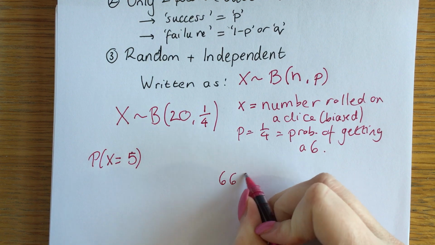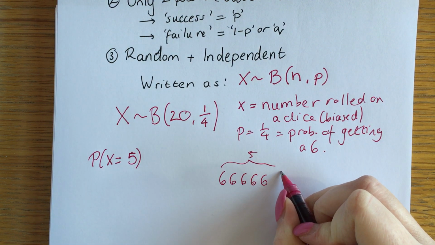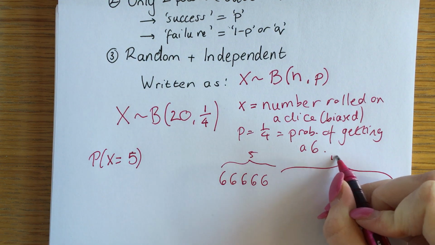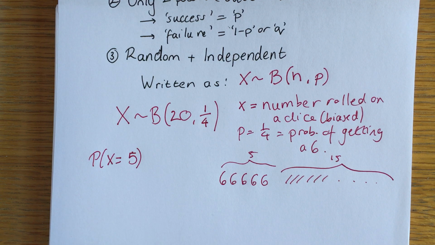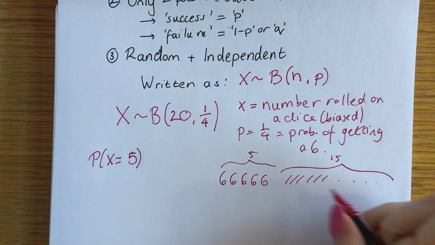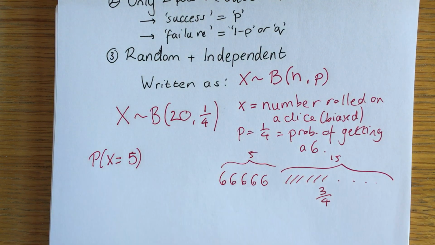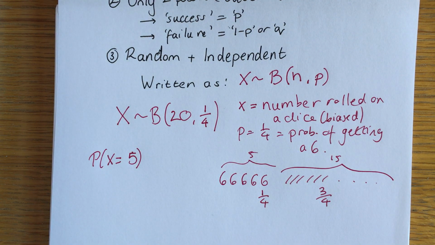So I'm going to get 5 6s and 15 of anything that's not a 6. Now, it doesn't matter what that number is because it's only a 6 that we are concerned by. So the probability of getting anything that isn't a 6 is 3/4. And obviously the probability of getting a 6 is 1/4.